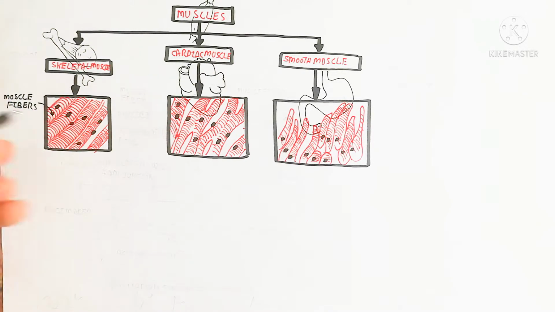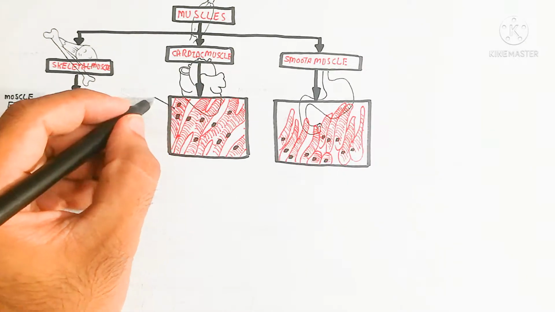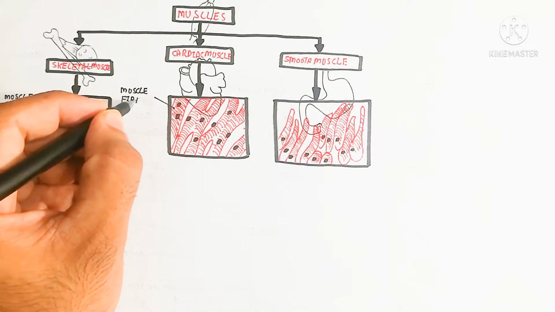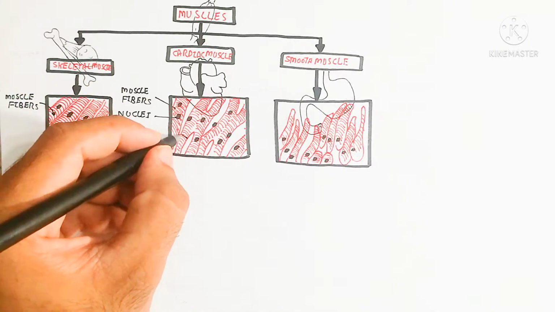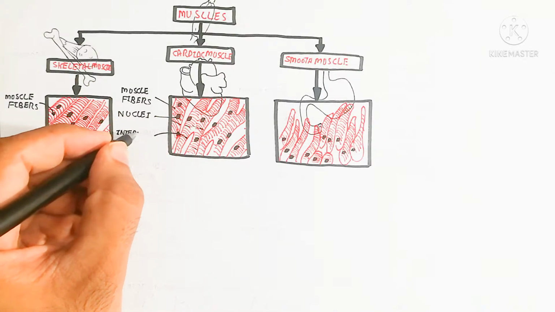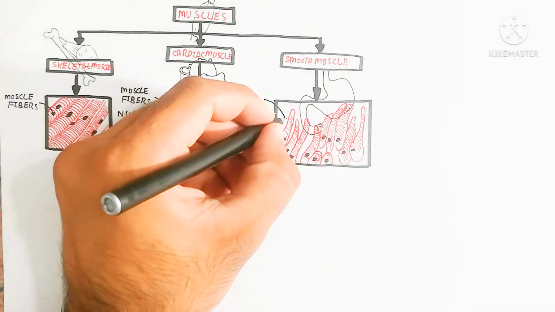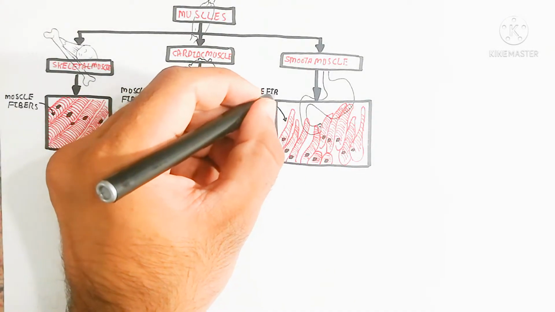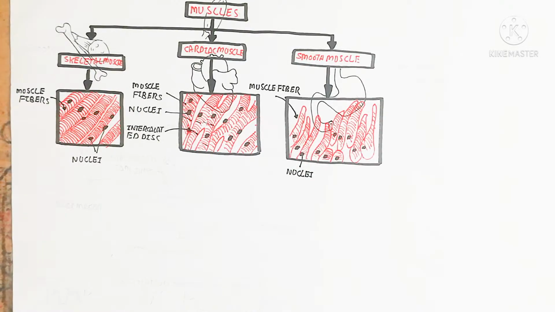So here is the skeletal muscle, which contains muscle fibers. These muscle fibers contain more than one nucleus. On the other hand, if we discuss the cardiac muscle, it also has more than one nucleus, but the important thing is that they contain an intercalated disc or gap junction.